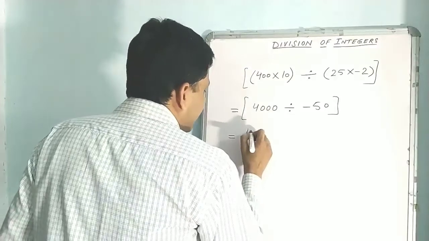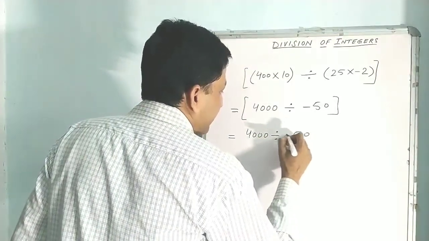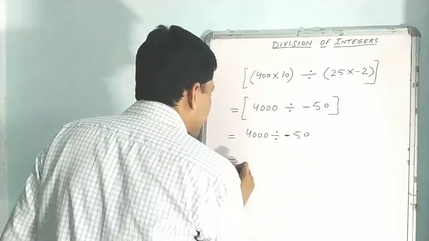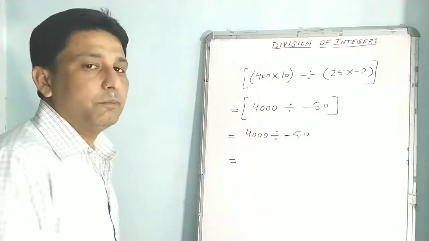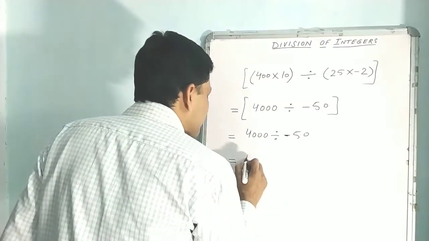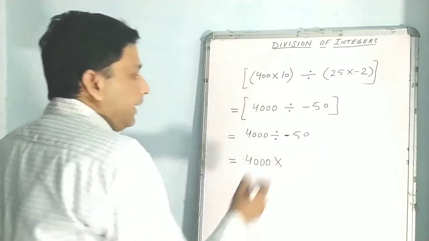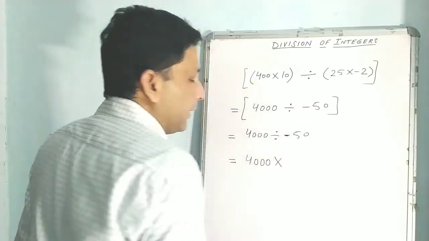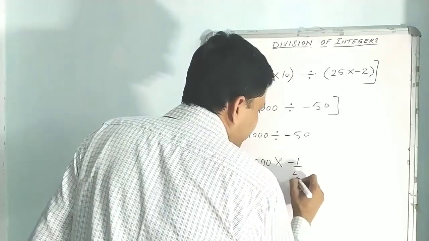We can write 4000 divided by minus 50, and in the next step we will convert this division symbol into the multiplicative symbol. So first of all we will write 4000 multiply by, and here we will do the reciprocal of minus 50. Here we write minus 1 upon 50.